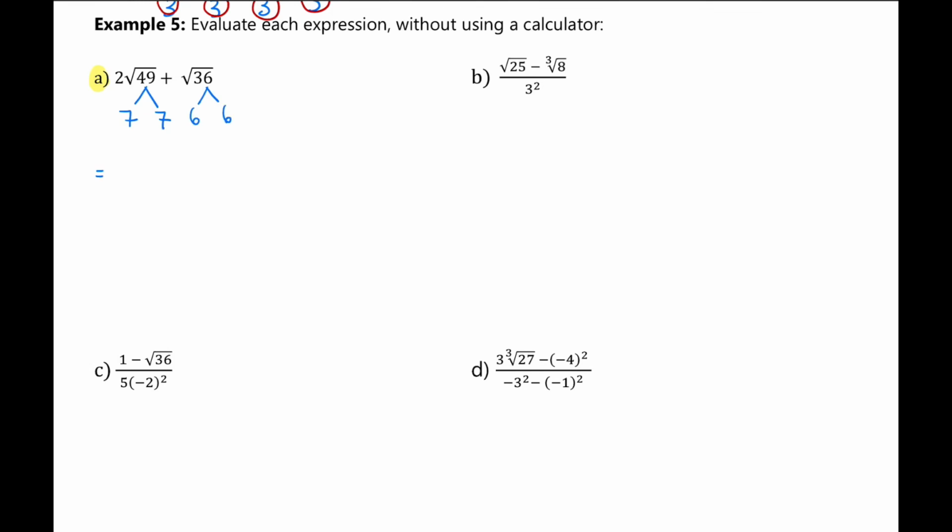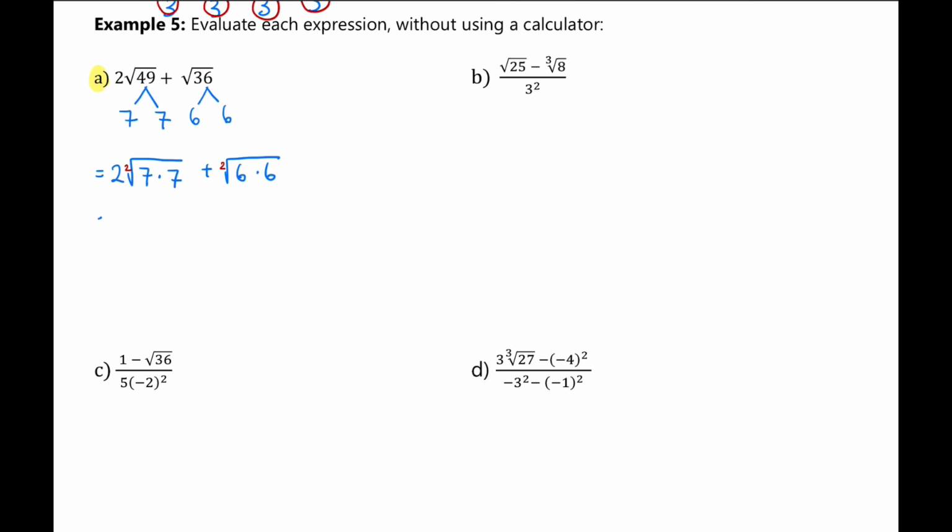So we can rewrite that as 2 times the square root of 7 times 7 plus the square root of 6 times 6. And then we can count. By the way, the square root has a default little 2 there. We just don't write it, but it's there.